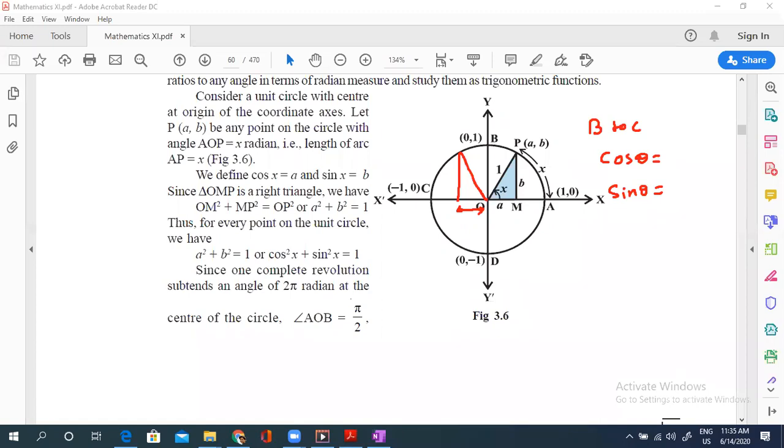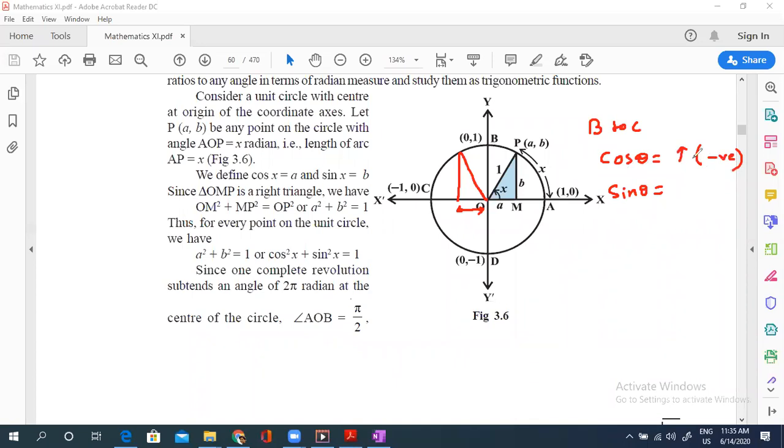Makes sense? So I can say that from B to C, the absolute value of cos theta will increase, but it will be negative.